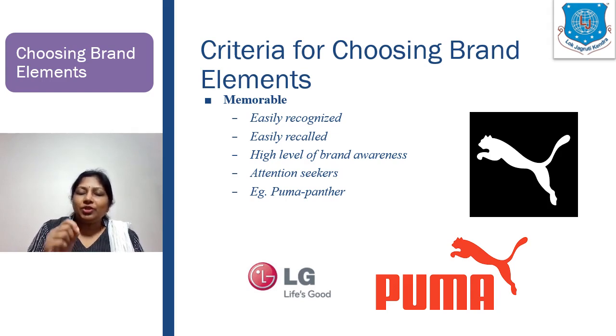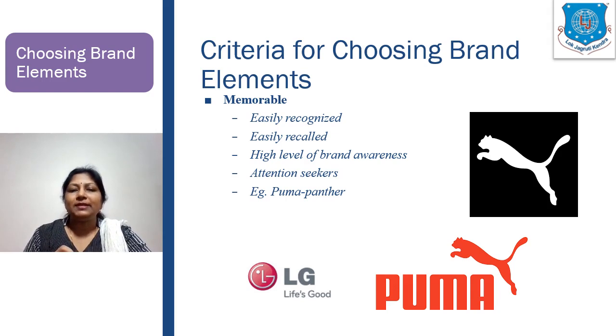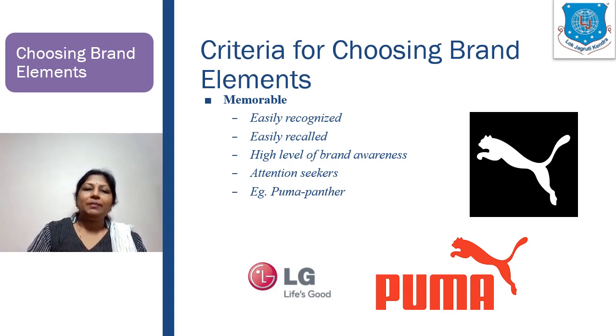These are generally short brand names which are easily memorized and recalled by a large percentage of customers. In short, we can summarize them as elements which can be easily recognized, easily recalled, which have a high level of brand awareness, attention seekers, for example, the Puma Panther.